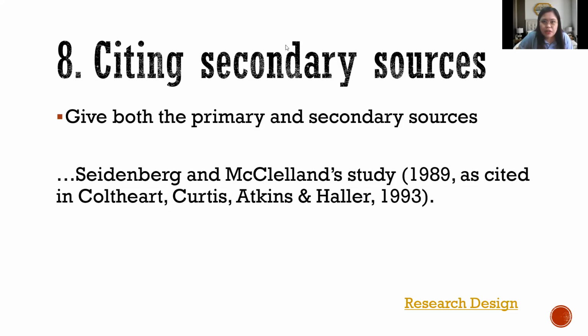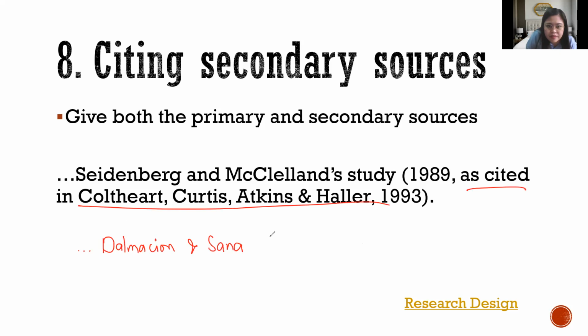Meaning isulod ninyo sa open and close parenthesis ang secondary author. So for example, gamito ninyo tong sa ako ang papel. Isulat ninyo ang iyahang giingon and then mag-end mo sa ilang apelyido. So ito ilang apelyido, Dalmatian and Sana. And then sa tuig to 20, example lang, 2009.